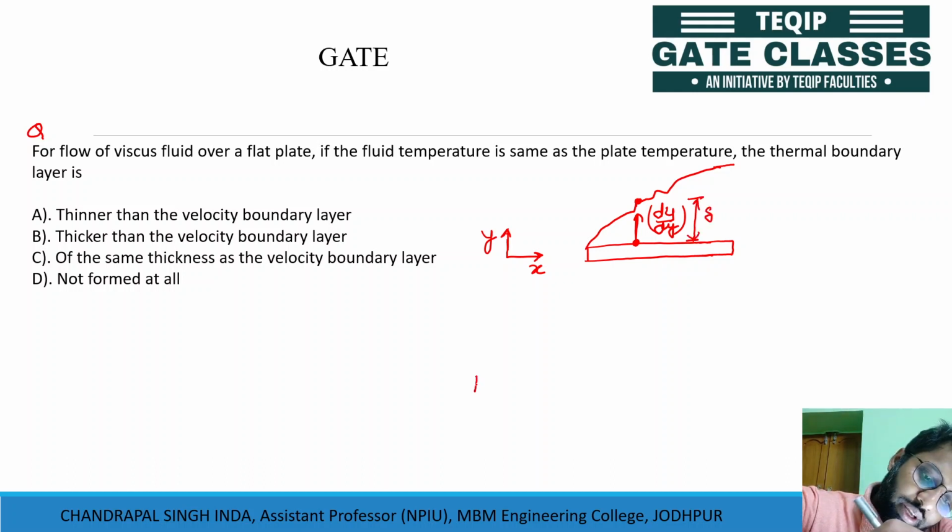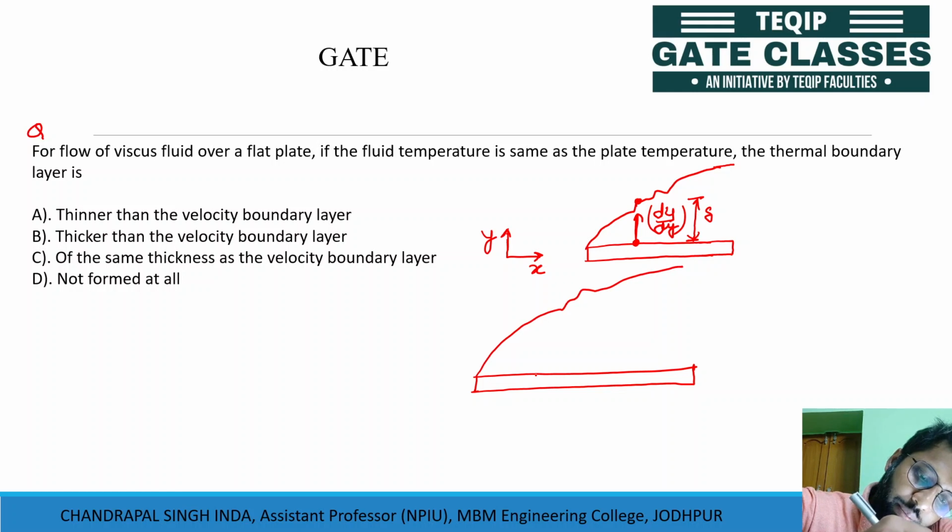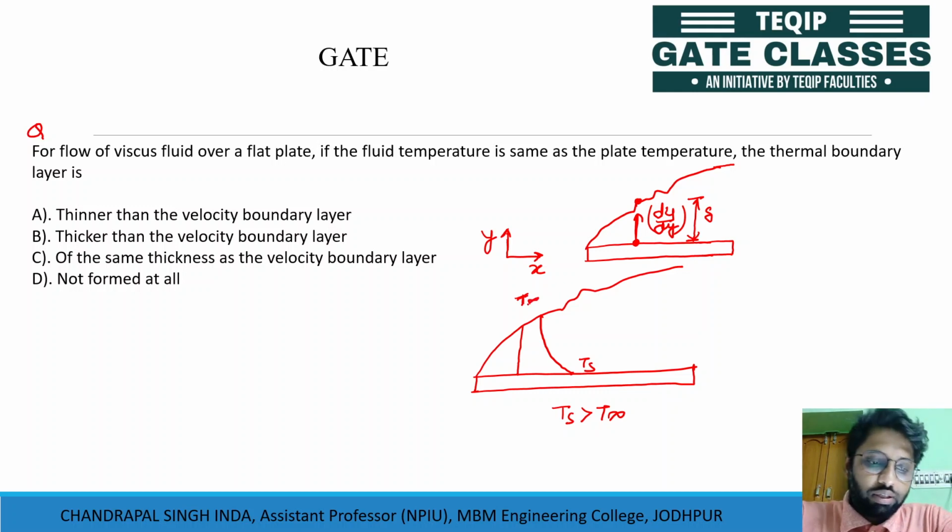For the thermal boundary layer, the temperature is decreasing, if the surface temperature is greater than the fluid temperature, from Ts to T infinity. So for a thermal boundary layer there should be a temperature gradient in the normal direction.